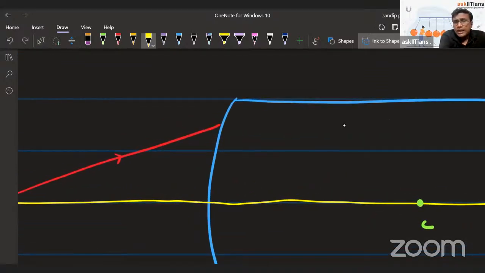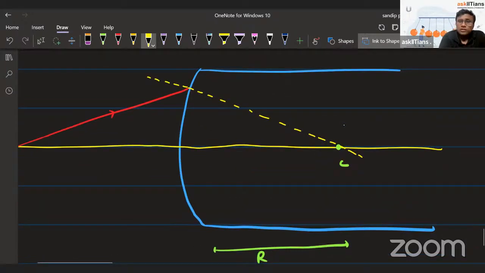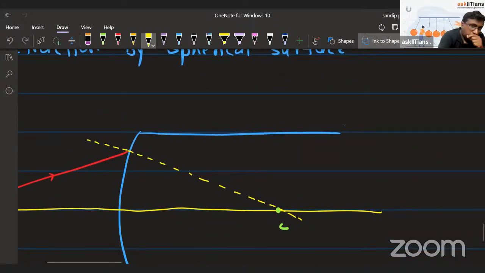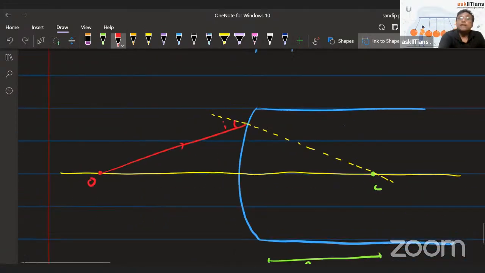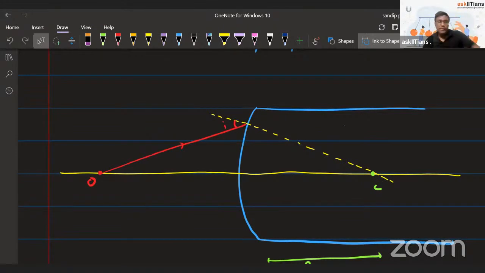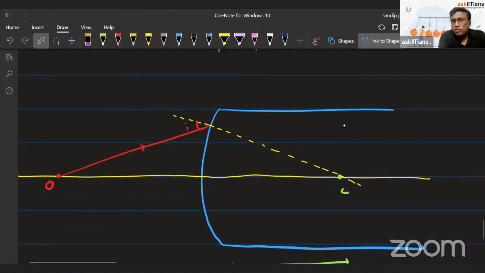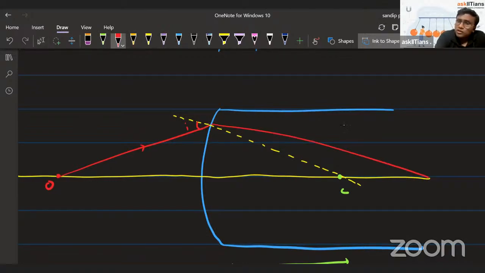So I have to draw the line passing through this incident point as well as the center of curvature. Then this angle will be I. Now the light is going from the rarer medium to the denser medium, so it will bend towards the normal. It will go like this and meet the principal axis here. So here the image I will be formed.